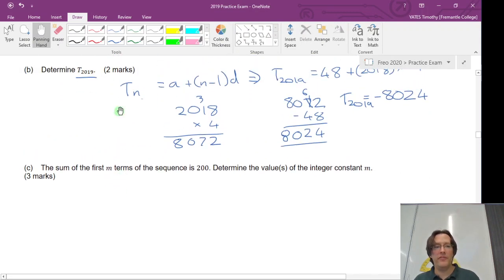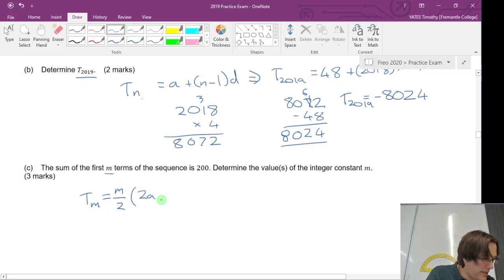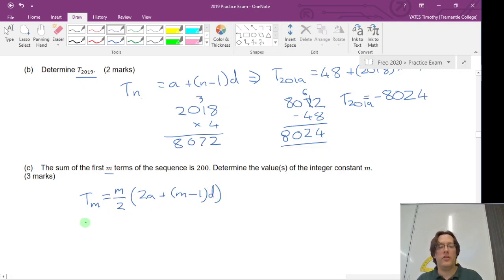Now, the sum of the first m terms of the sequence is 200. What's m? So we want Sm, and that is usually n on 2, but here it's m on 2, 2a plus (m minus 1)d. Let's just get that formula here. But we've got some numbers we can put in.